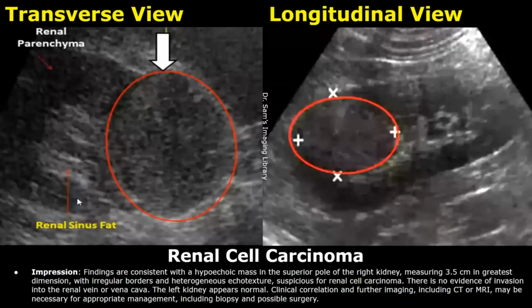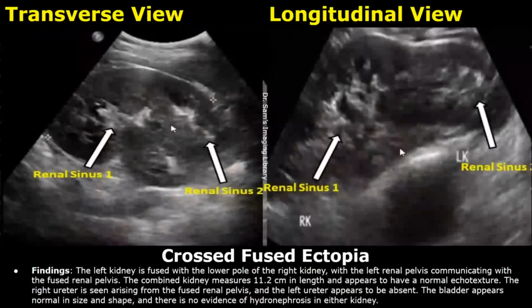This report is for crossed-fused ectopia. These are the findings. The left kidney is fused with the lower pole of the right kidney, with the left renal pelvis communicating with the fused renal pelvis.